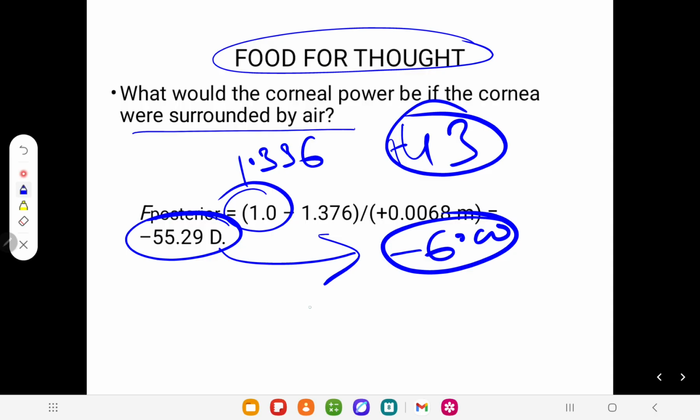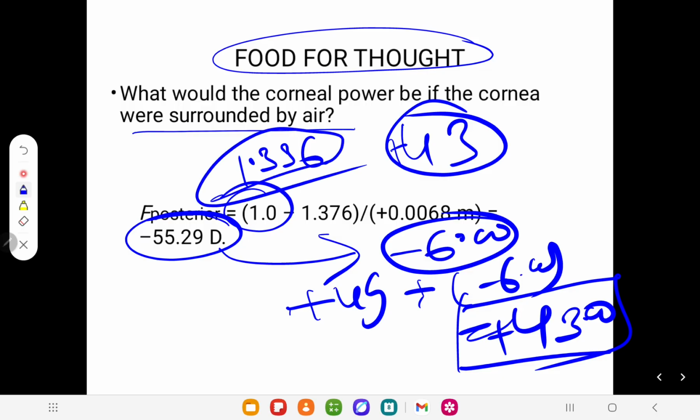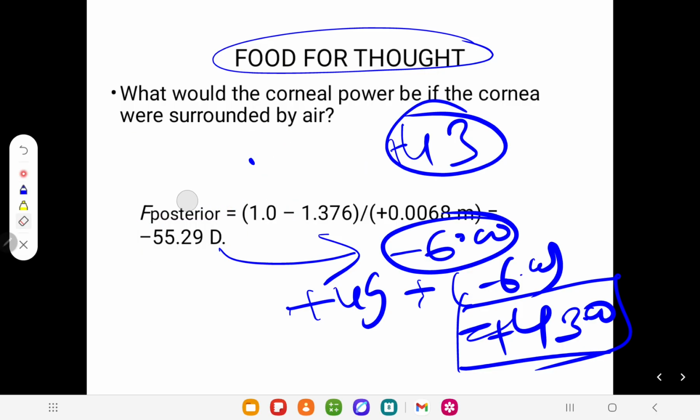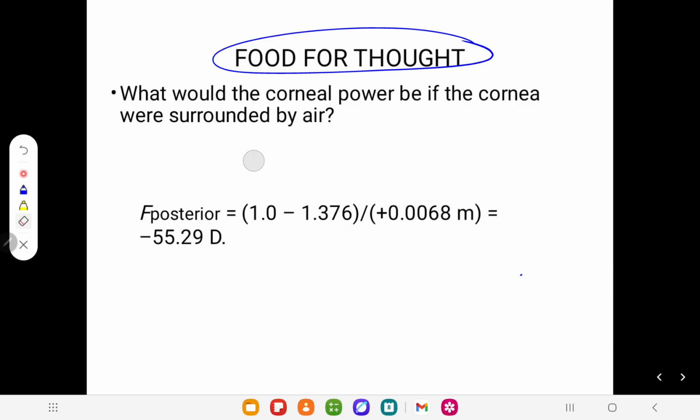That's why plus 49 plus minus 6 is 43, and all our school teaches us that it's a 43 diopter cornea. It is because the posterior surface is surrounded by the aqueous humor; otherwise it would not be possible at all. See, I want to tell you one thing that is very, very fascinating, and I think you will enjoy this.